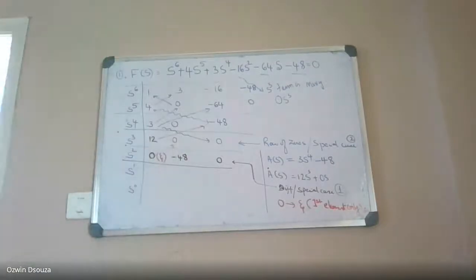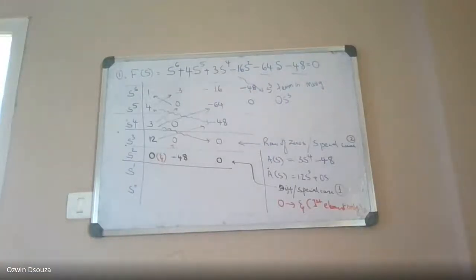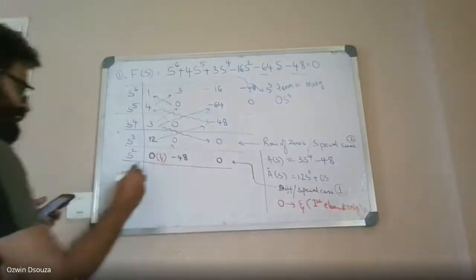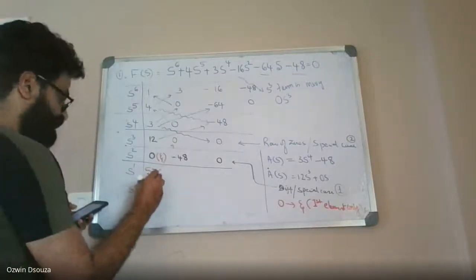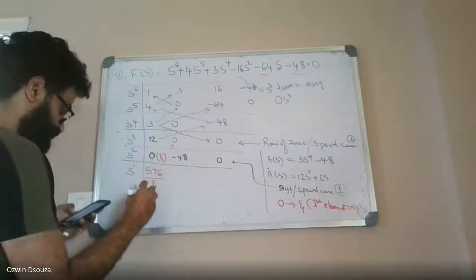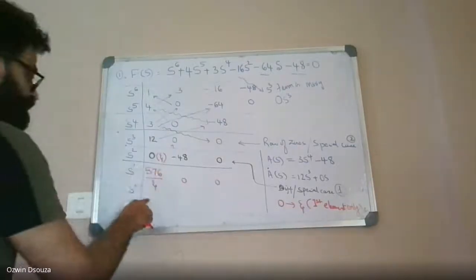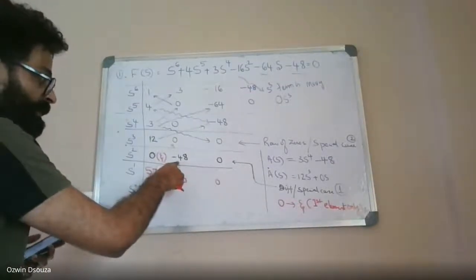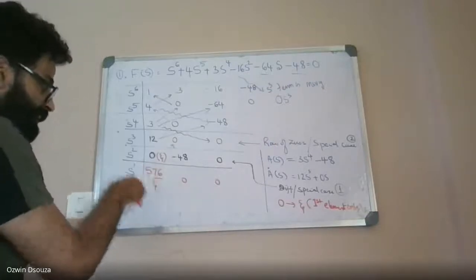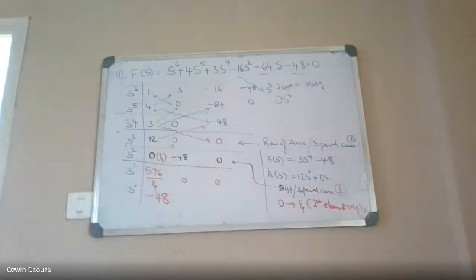Epsilon into 0 minus 48 into 12 divided by epsilon. So you would get 576 divided by epsilon, 0, 0, and the last element 576 by epsilon into minus 48 minus 0 divided by this. So you will get minus 48 here. So this is our routh table.